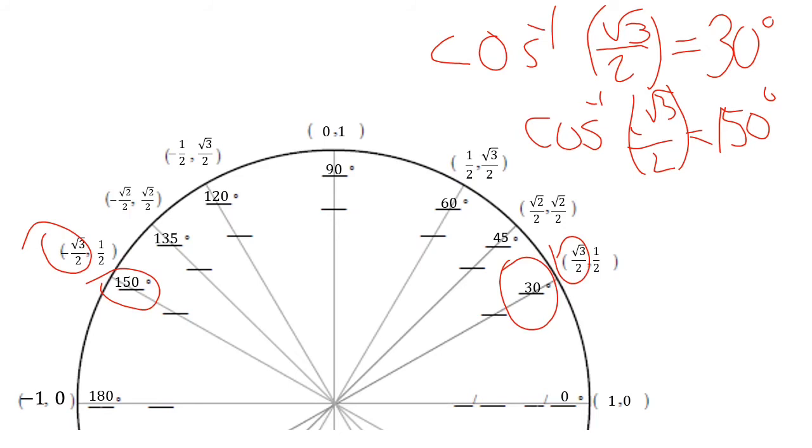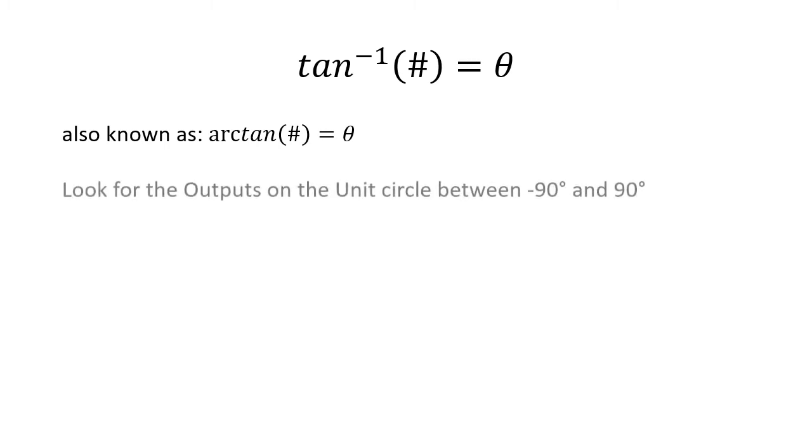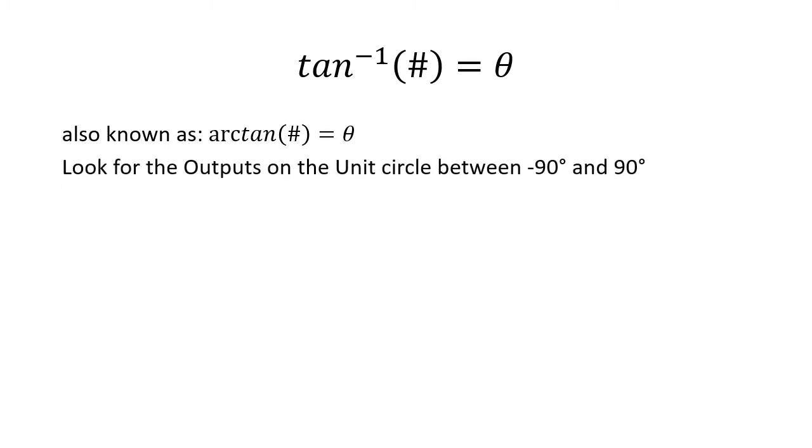The next one that we're going to be doing is tan, and we're going to use the same unit circle that we used for sine. So here we have arctan of a number equals theta. So the tan to the -1 is also known as arctan. You look for outputs on the unit circle between -90 and 90 degrees.